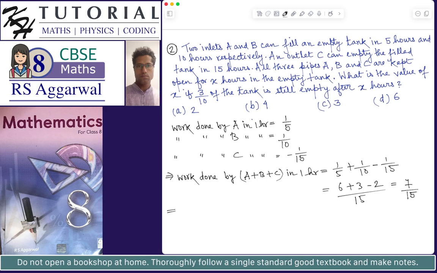So what part of the tank will be filled in x hours by all the pipes? Work done by A plus B plus C in x hours, from the unitary method, will be 7 by 15 multiplied by x, which is equal to 7x by 15.